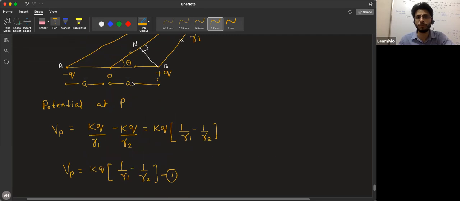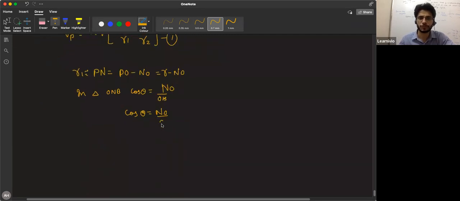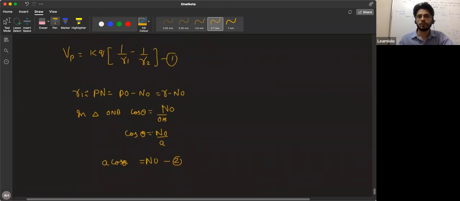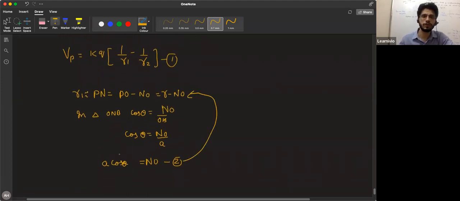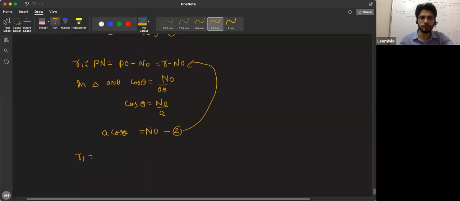See how much is OB? OB is A. So I can write this NO as A cos theta. Let's call this equation number 2. So if I substitute this NO here, I get R1 is equal to R minus A cos theta. That is equation number 2.